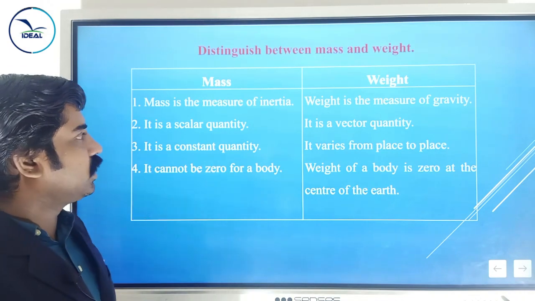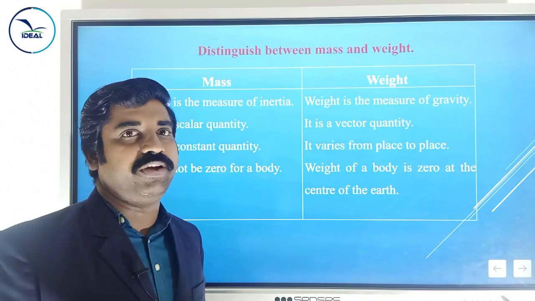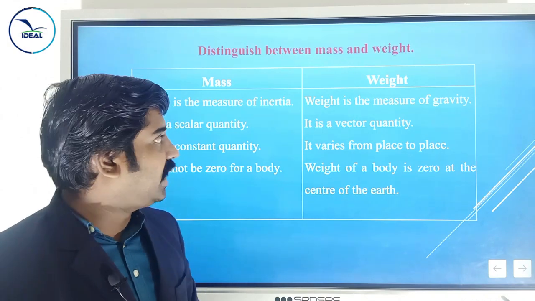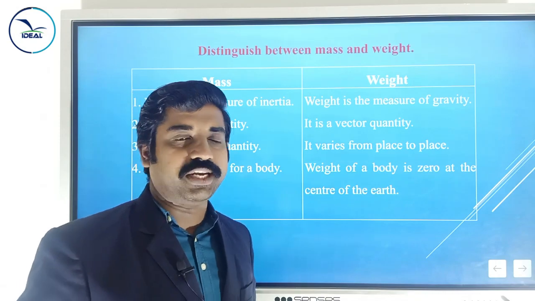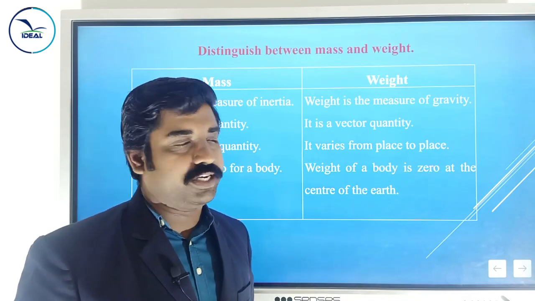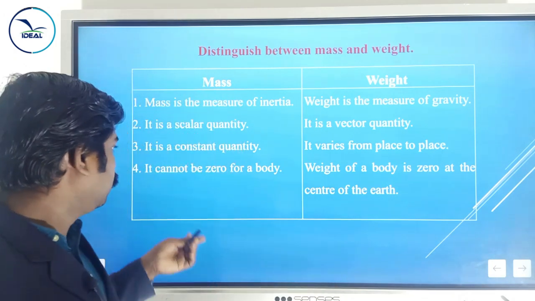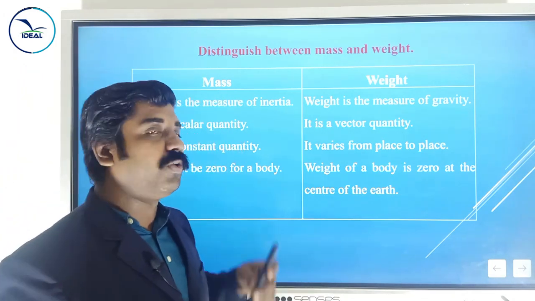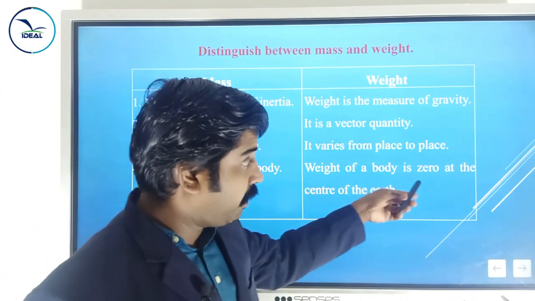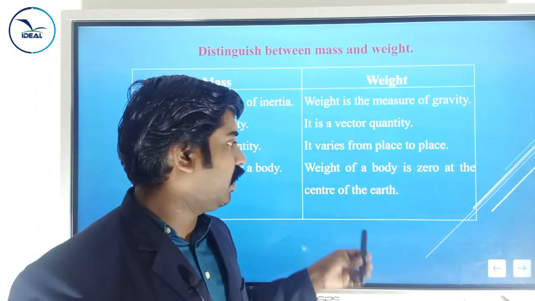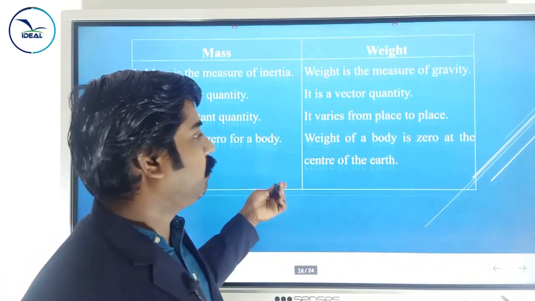Mass is a constant quantity because the mass of a body will not change, but the weight of the body may change because the value of the gravitational constant may change. Mass cannot be zero, but weight may be zero. At the center of the Earth, the weight is 0, but mass cannot be 0.